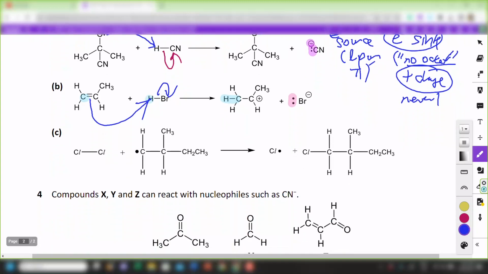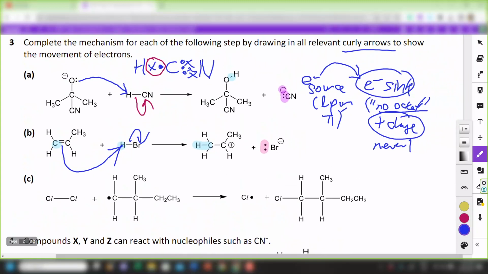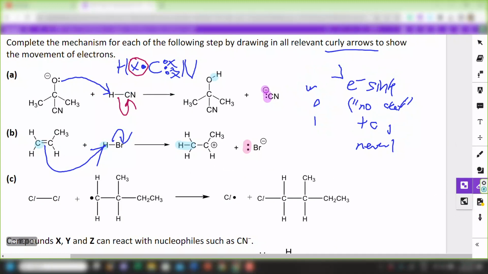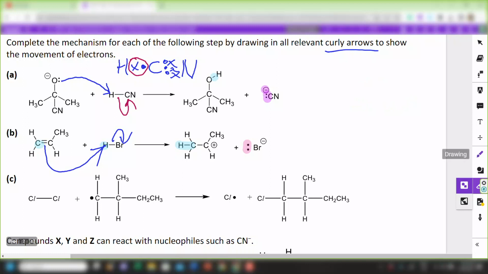So if you wish, maybe I can just do a little bit of illustration here, because this portion tends to be a little bit confusing with students. I just need to erase this portion so that I can draw the dot and cross diagram out for the C double bond, the alkene, and then it makes it a little bit clearer.